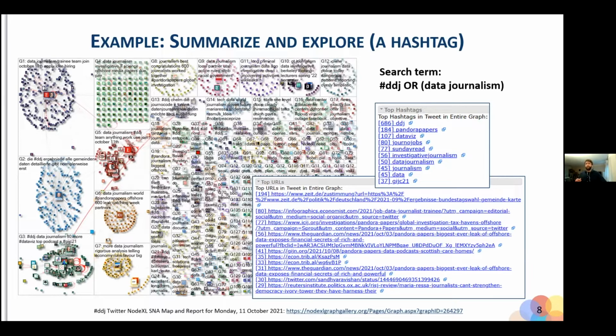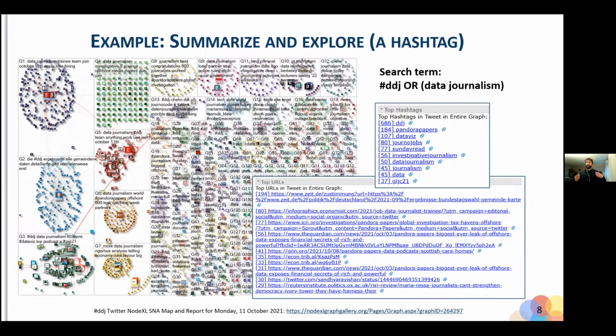It's not really about figuring out what's going on within these groups, but more about finding URLs that are of interest to the DDJ audience. And here you see the hashtags that have been used in just the past week. The Pandora Papers showed up, and here are the links to the pages, and that will then be curated for the DDJ list every week.